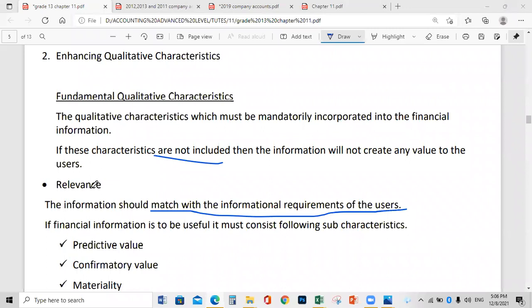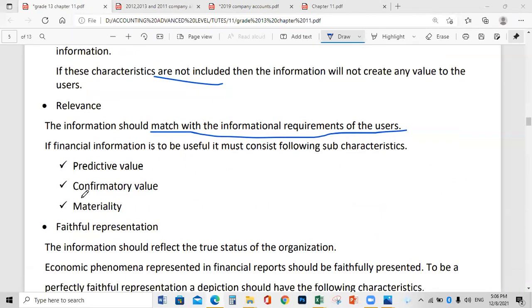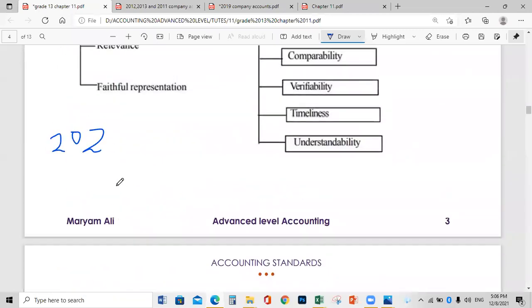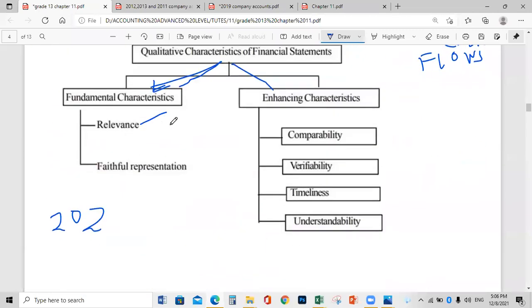Now, in order to be relevant, you have to satisfy three sub-characteristics. What does that mean? If you want to be relevant, you have to satisfy three sub-characteristics. What are they? Confirmatory value, predictive value, and materiality.